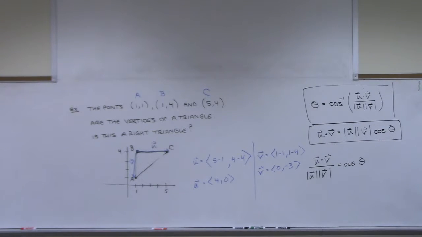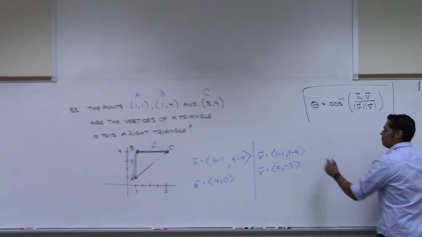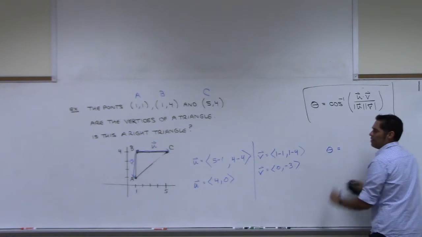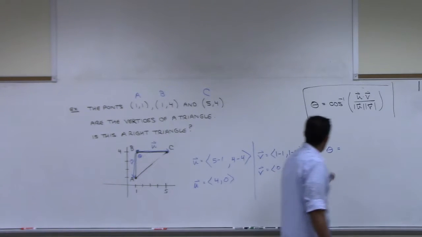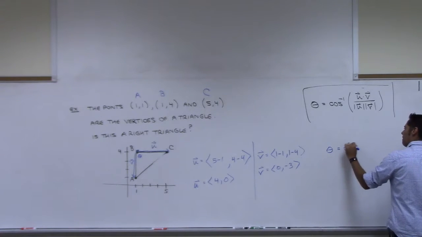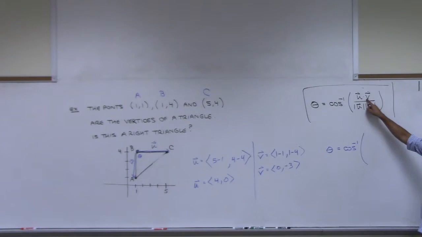So we have u and v, don't we? And now let's go to this formula, and let's try and compute it. We know that theta, which will be the angle between those two, right? Theta, this angle between these two, should be arc cosine of u dot v.